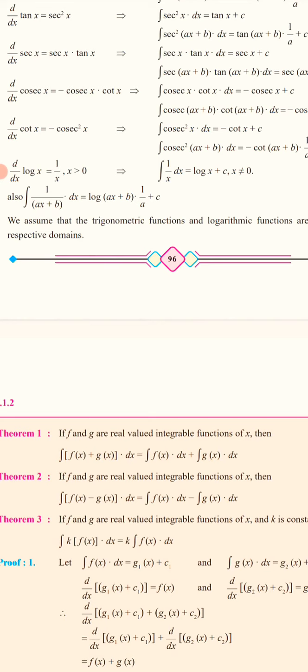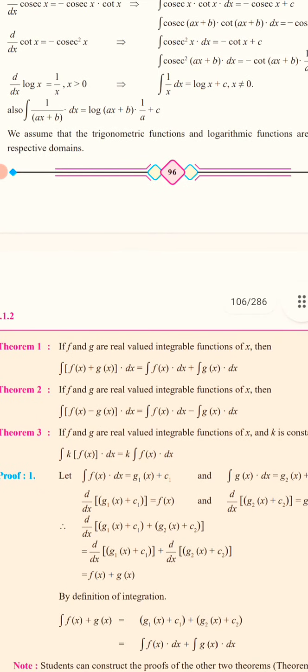Theorem second: if f and g are real valued integrable functions of x, then integration of bracket f of x minus g of x bracket complete dx is equal to, here we are going to separate. In the first theorem there is addition, in the second theorem there is subtraction. So integration of f of x dx minus integration of g of x dx.